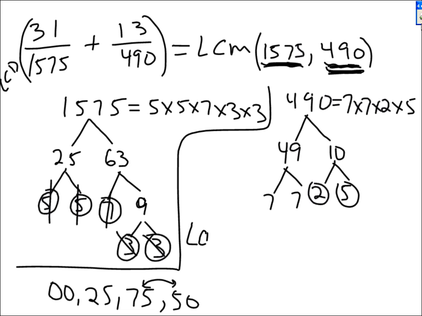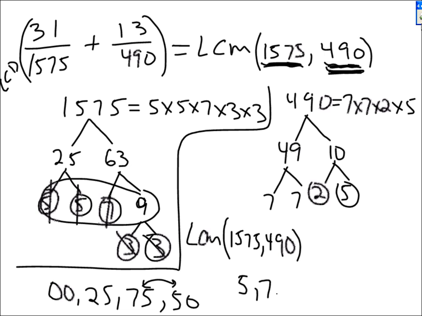So the LCM of 1575 and 490 will be, well, the different numbers are 5, 7, 3, and 2. Question is how many 5s?